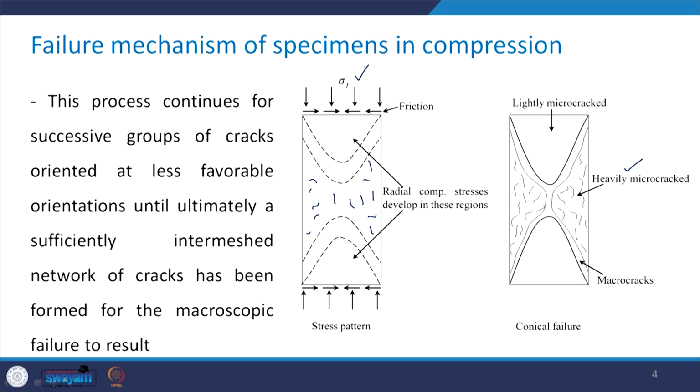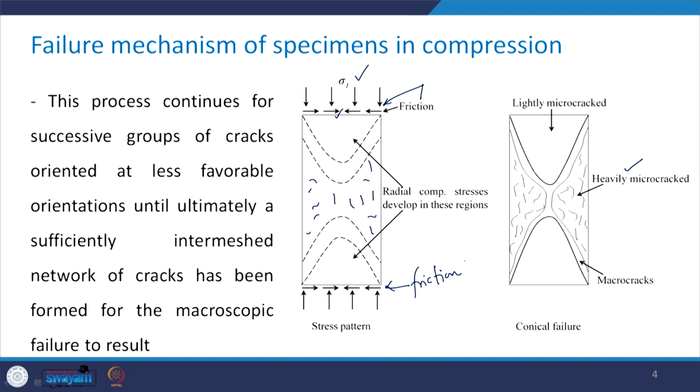Now, we have discussed that there is going to be friction between the loading platen and the ends of the specimen, like you see here I have shown. This is what is your friction. Here as well as here there is friction. So, what will happen because of this?